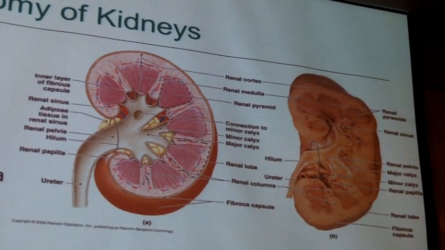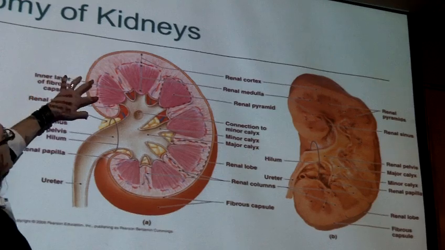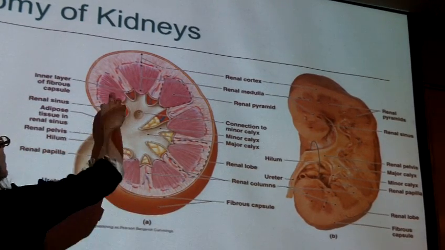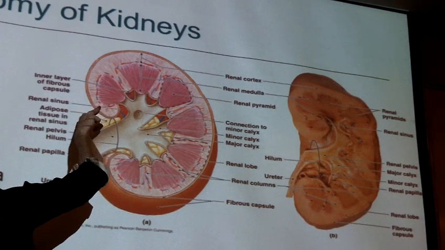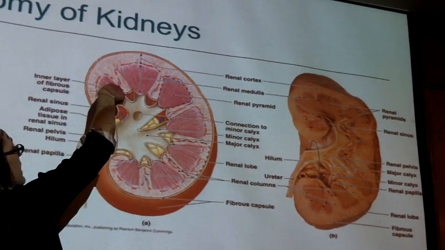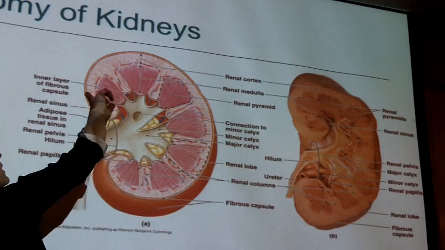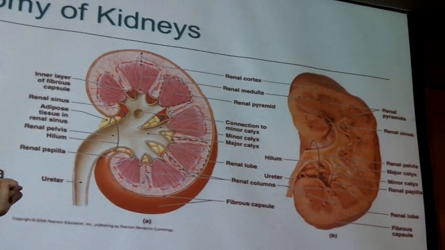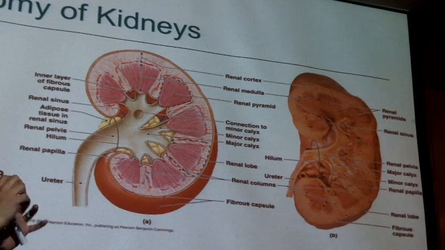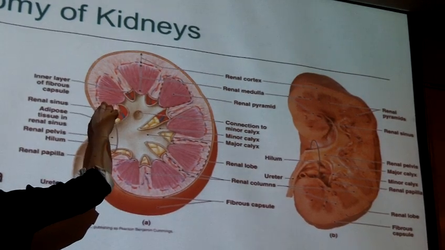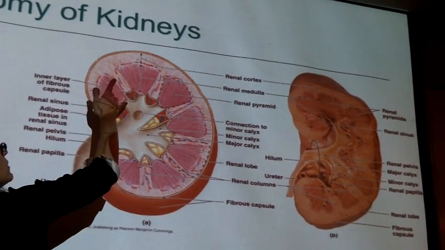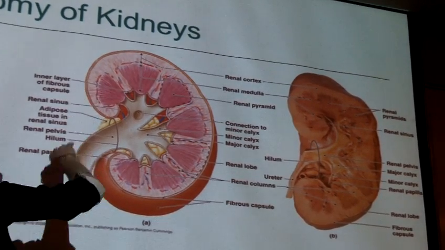Now, what we're going to see is millions of really small units snaking their way through the cortex, down through the medulla, and back up into the cortex. These are going to be the nephrons. And again, they're going to be little tubes that are coming from the cortex down into the medulla in these renal pyramids and then back up into the cortex.